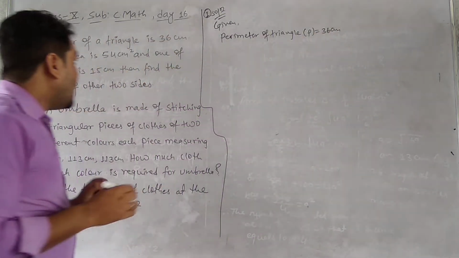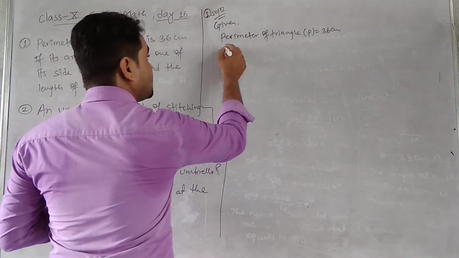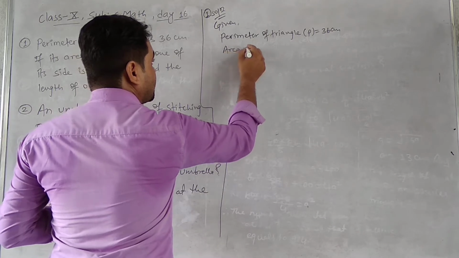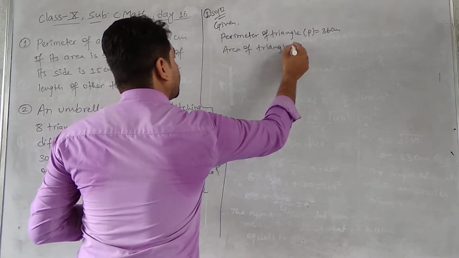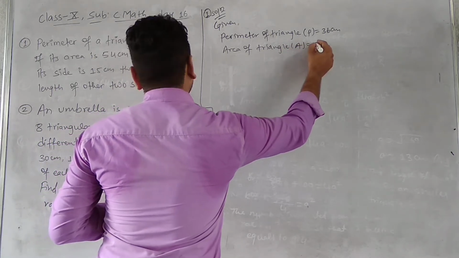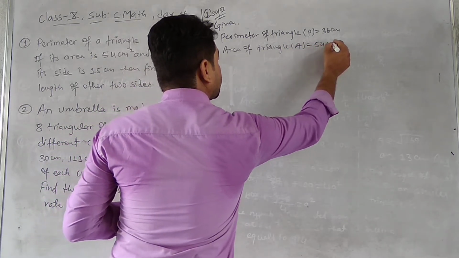And then the area of the triangle is given, A equals 54 cm square.